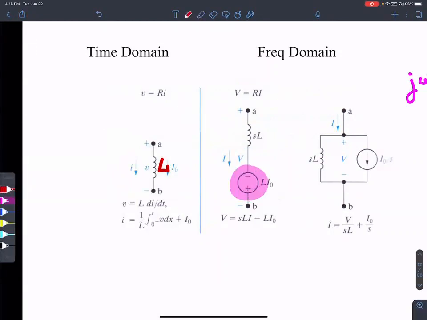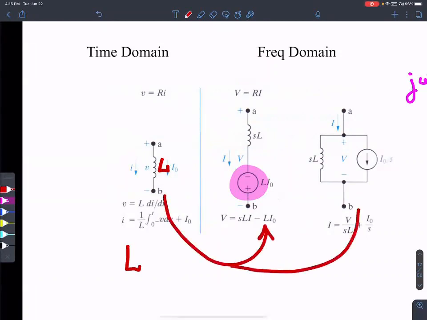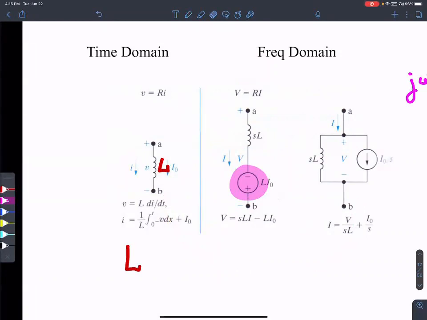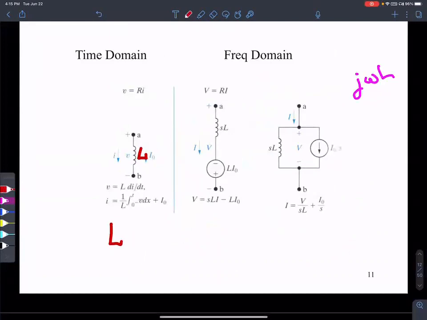So the inductor in time domain could be expressed in one of two forms in S domain, so pay careful attention. I could express the inductor as an inductor sL in series with a voltage L i0.